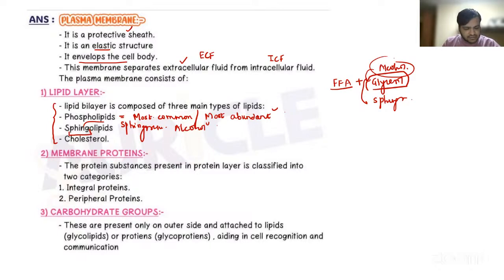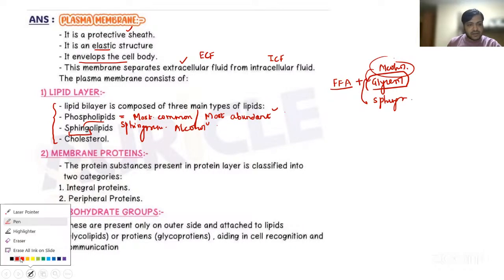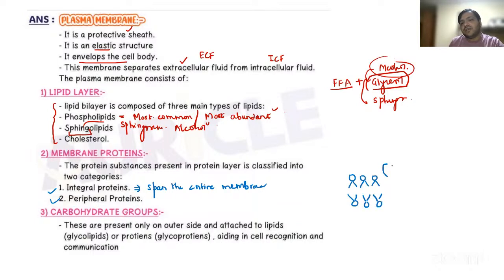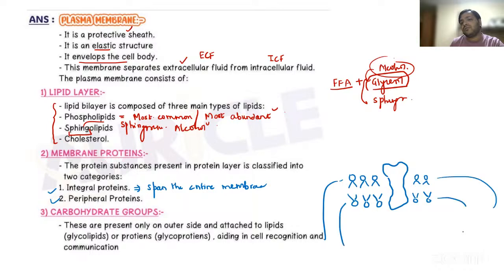Coming on to the next one, the membrane proteins. Membrane proteins are embedded or associated with the lipid bilayer. Within the lipid bilayer, we have the integral and the peripheral proteins. When I say integral protein, remember, they span the entire membrane. For example, let us suppose this is the lipid bilayer, and these membrane proteins are present like this, covering the entire plasma membrane.